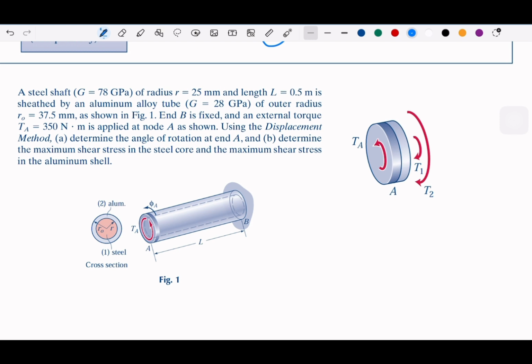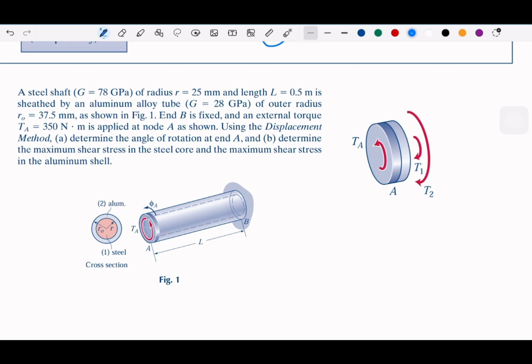So it's similar questions. First of all, since this is going to be from point A to B, all the elements are going to be the same. So the element will be based on, suppose that we have steel and aluminum.